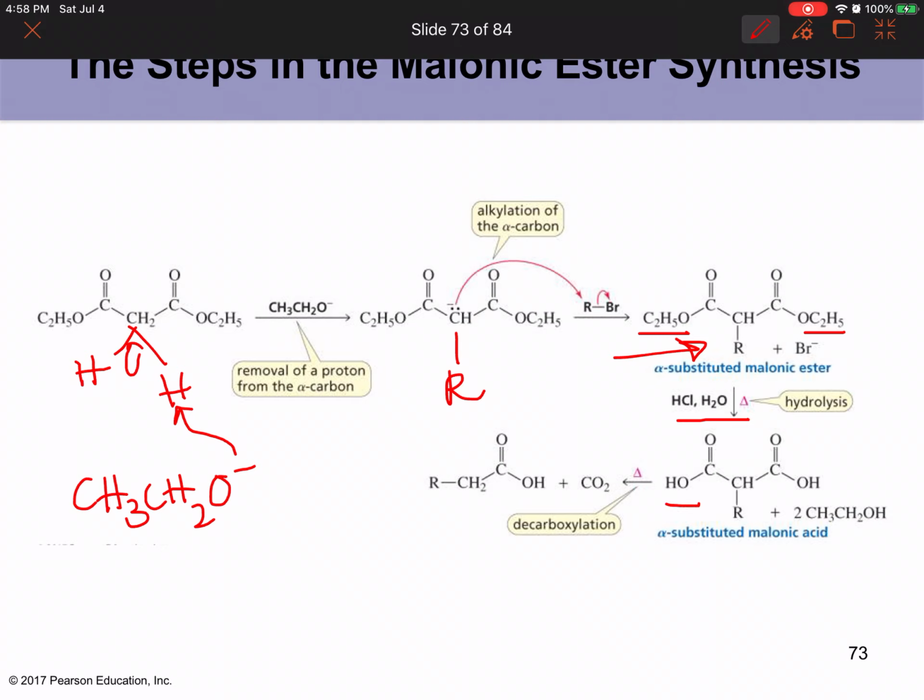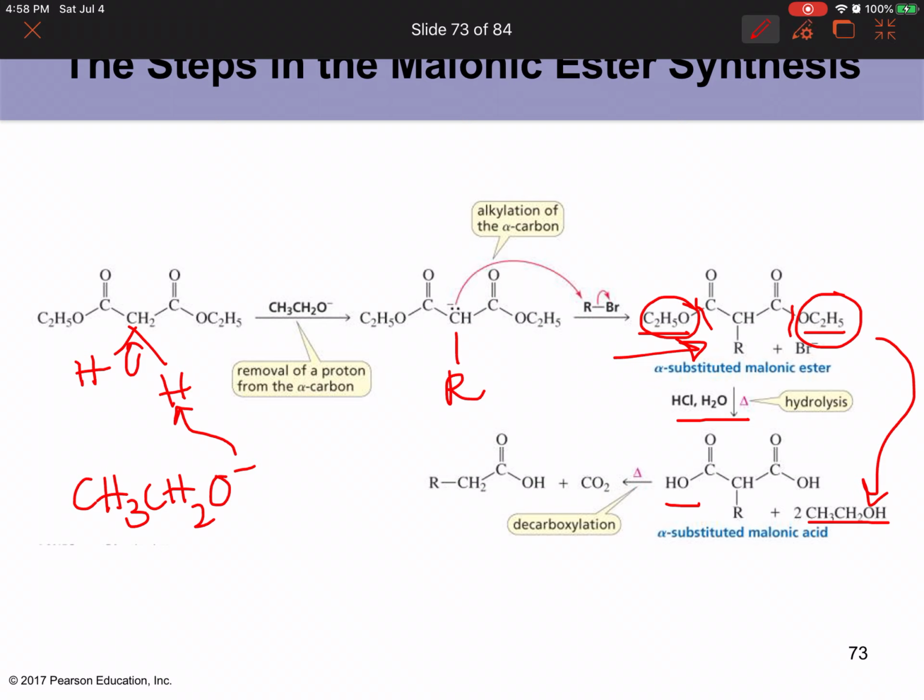This bond is going to break at the carbonyl group, so you're adding OH to either side to make them an acid, and from the other side ethoxide will become ethanol. So two ethanol groups from here, C2H5OH, C2H5OH, that's going to be 2 ethanol.